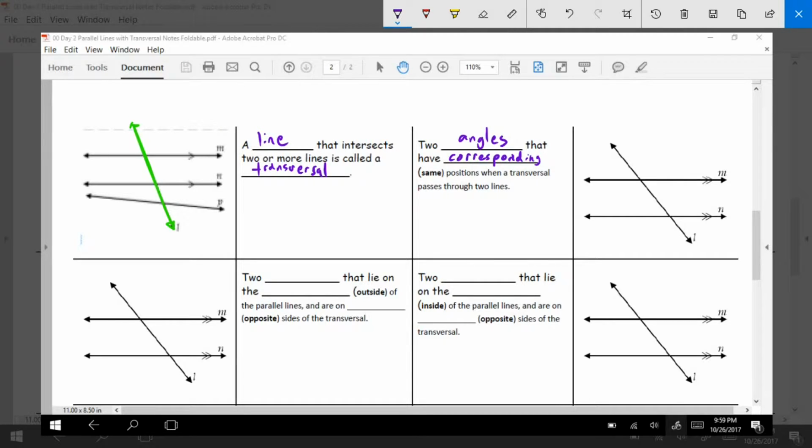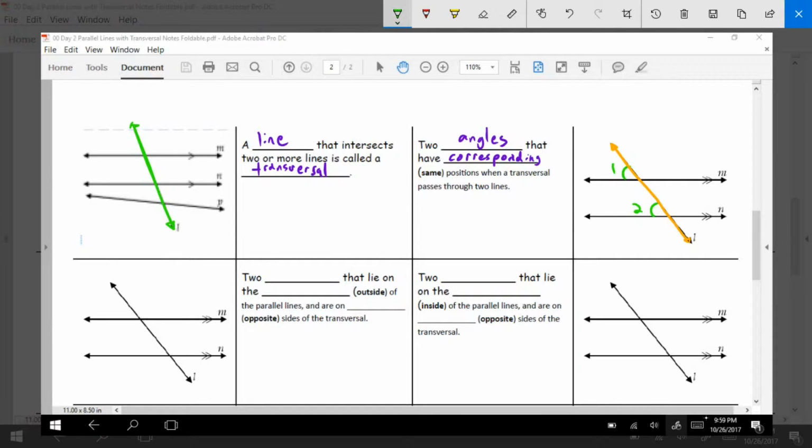So in the picture to the right, let's label our angles. Look at this. If I label this angle 1 right here and label this angle 2 right here, these 2 are corresponding angles. As you can see, look, watch this. You see this transversal going through these 2 lines? Well, angle 1 and angle 2 are in the same position.